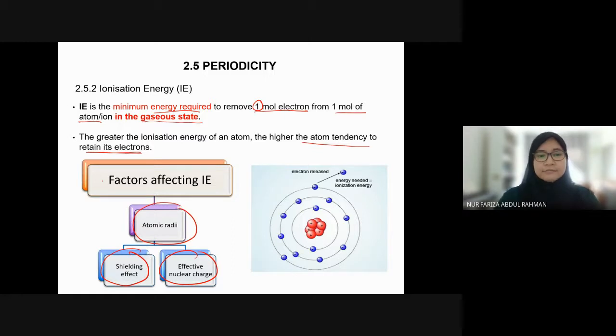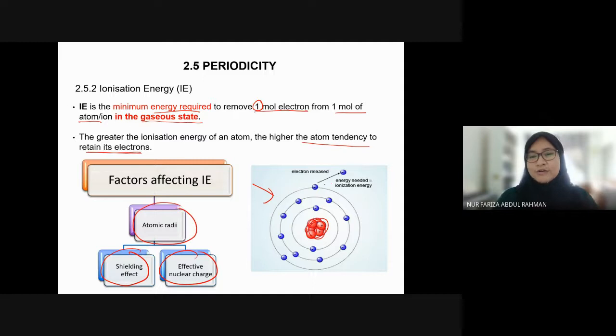Okay, all right. Okay, so this is in terms of diagram, okay, simple illustration on how to describe ionization energy. So imagine this is the nucleus, it is positively charged. Okay, this nucleus attracts all the electron and cause the electron to be in place. Maksudnya dia tak pergi merayau-rayau dekat region-region lain lah.